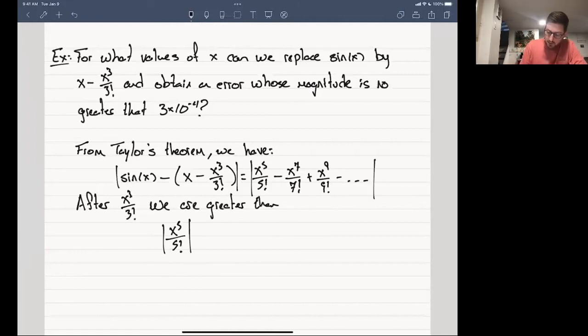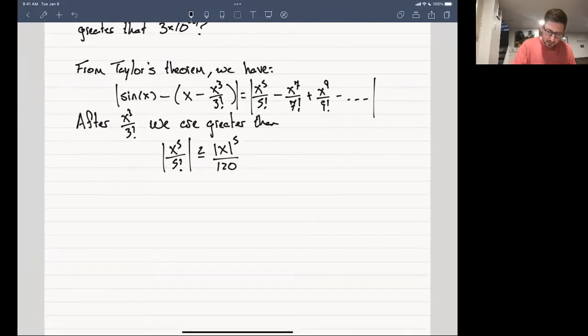And so by Taylor's remainder theorem, we have x to the 5 over 5 factorial, which is less than or equal to x to the power of 5 over 120, since 5 factorial is 120. This is the Taylor remainder, if you want to call it that.